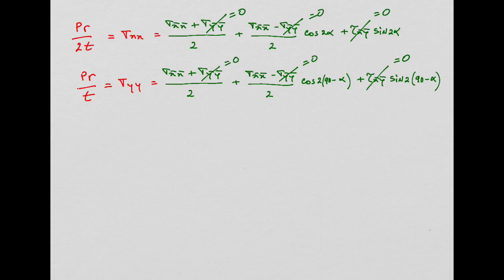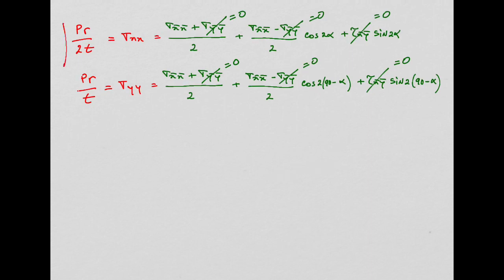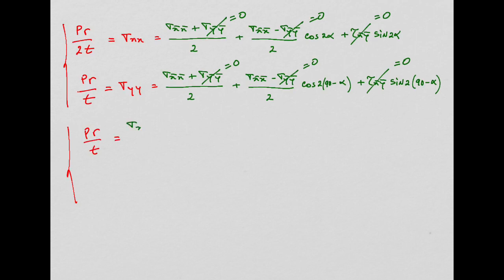I'm going to impose this, so the only stress that my lamina is going to be carrying is sigma x bar. And then my equations become much, much easier. If I continue here, I will get pressure radius over the thickness equal to sigma x bar over 2 plus sigma x bar over 2 cosine of 2 alpha.